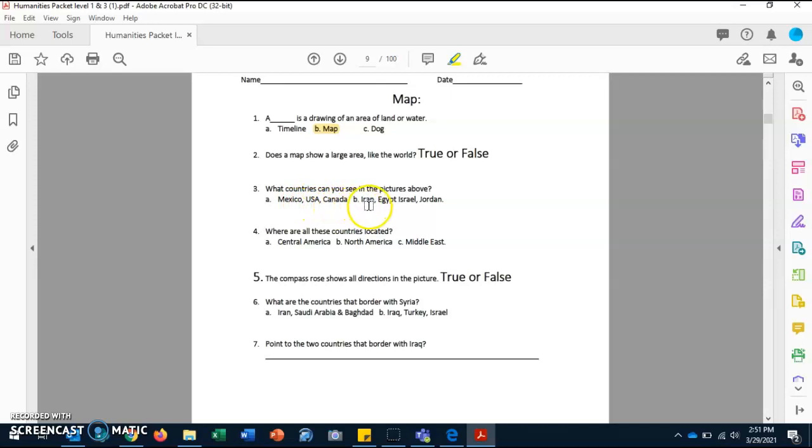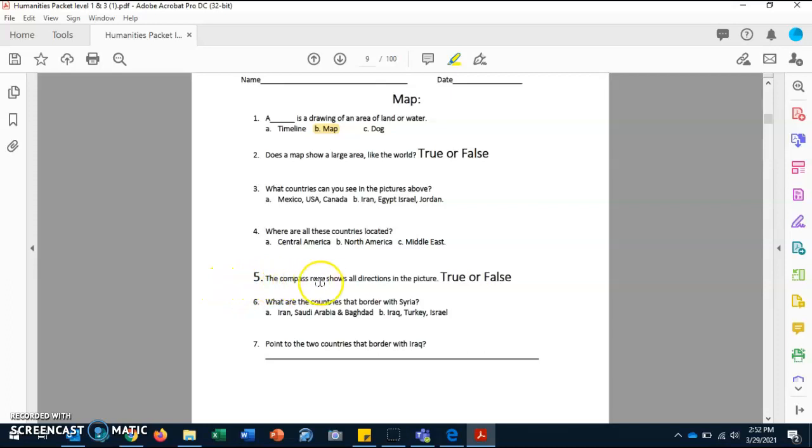Or B, Iran, Egypt, Israel, and Jordan? Number 4. Where are all these countries located? Central America, North America, or the Middle East?